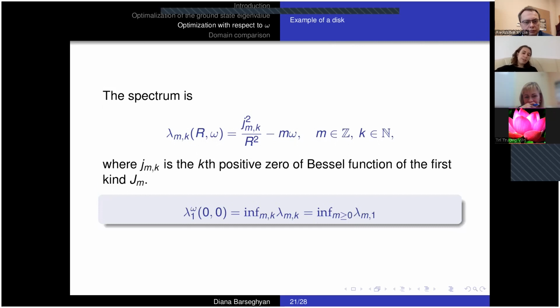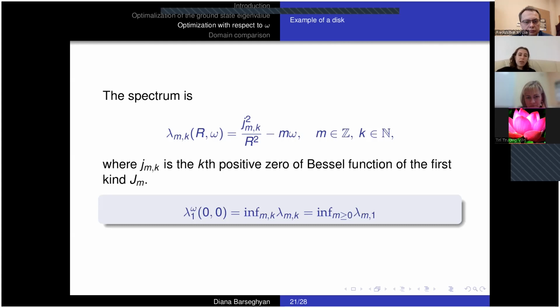How to prove it, again, the sketch. If we have the disk, then you can directly calculate the eigenvalues of our operators, but of course in terms of special functions. Here, lambda 1 k omega are the eigenvalues, m is an integer number and k is a natural number.